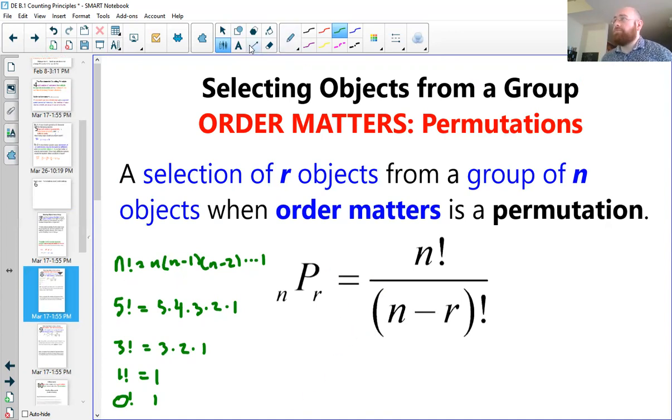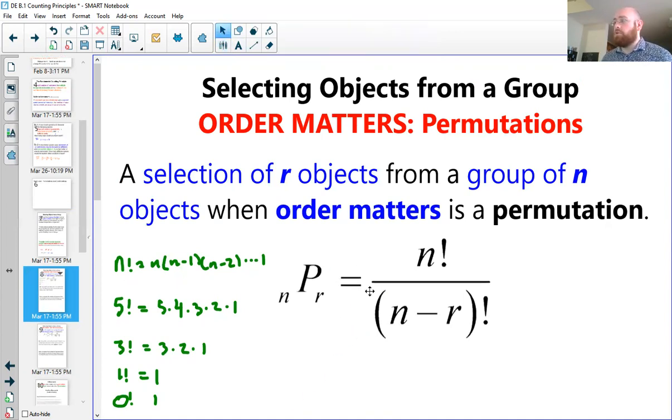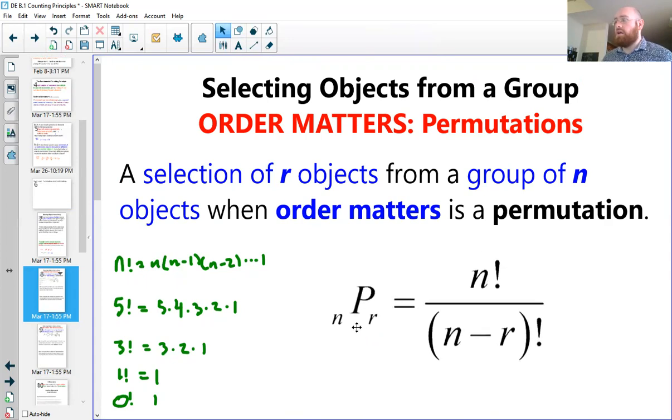So the formula for a permutation, a selection of R objects from a group of N objects when order matters: N, P, R, equals N factorial divided by N minus R factorial.